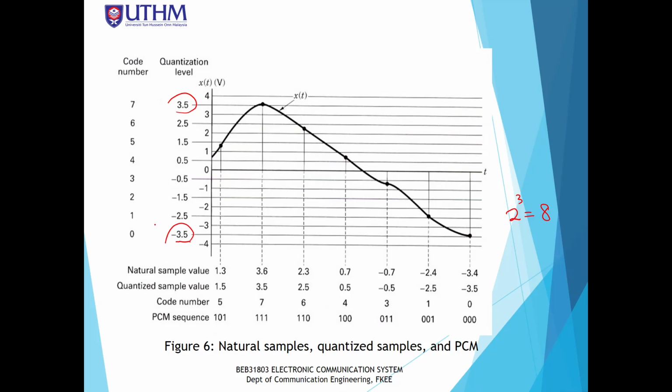So we're going to have 8 levels, and according to this example, the resolution or the step size is equal to, if you see from here, the distance between each level, 1 volt.